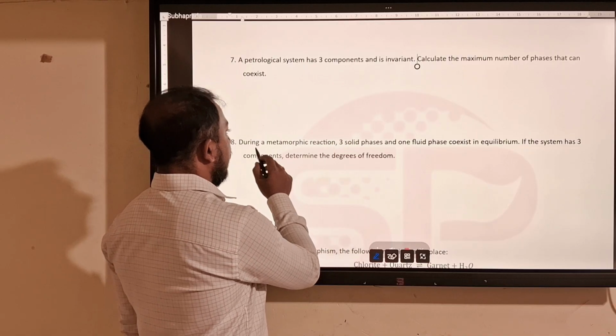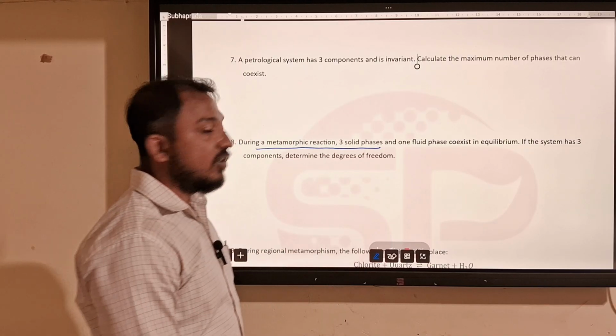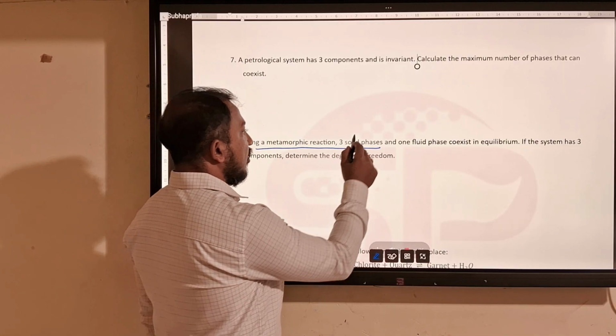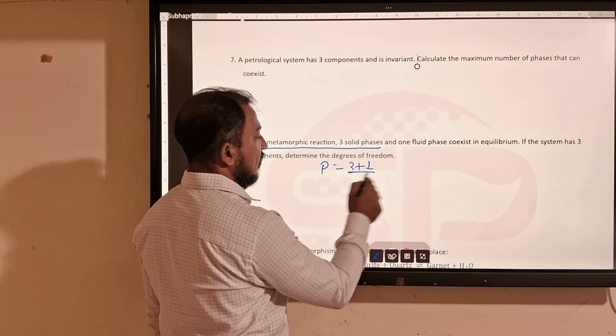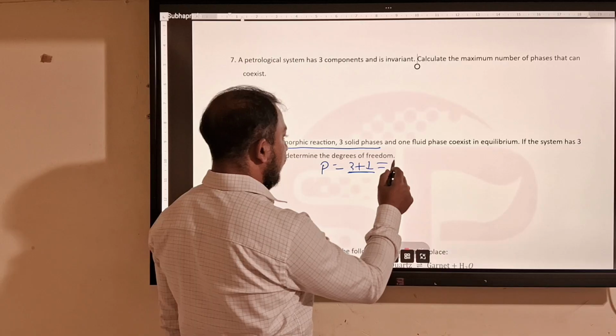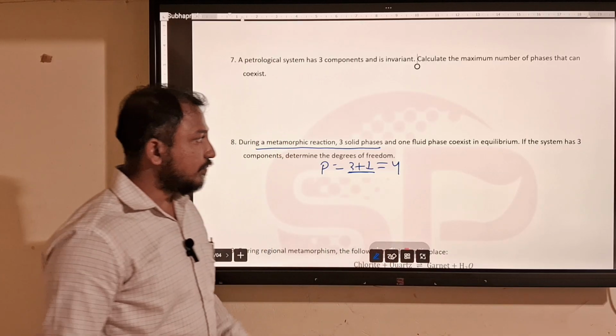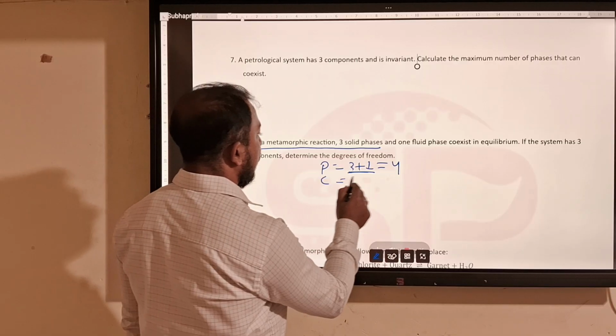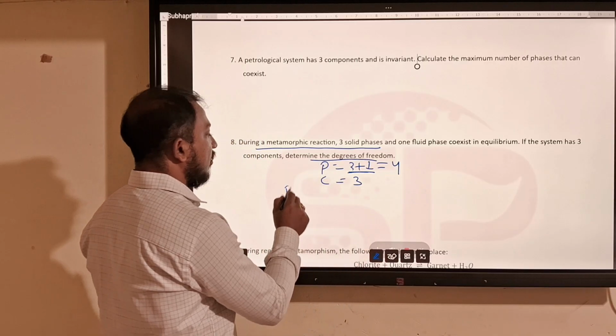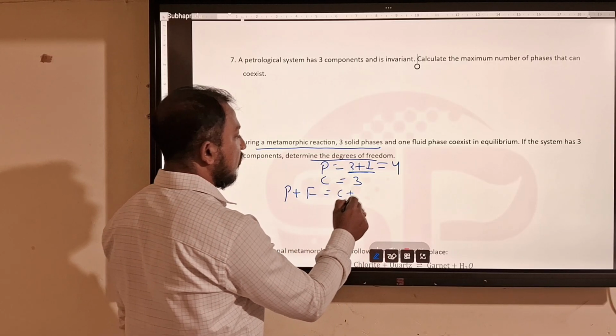So here in the metamorphic reaction, there are 3 solid phases plus 1 fluid phase. That means we have 4 phases. Then the system has 3 components, so we have to calculate the degree of freedom. P plus F equals C plus 2.